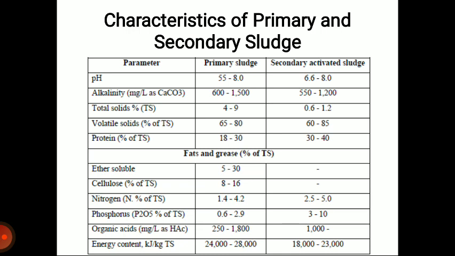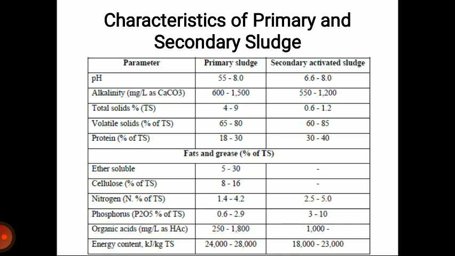Total solids percentage in TS: for primary sludge 4 to 9, in secondary activated sludge 0.6 to 1.2. Volatile solids percentage of TS: primary sludge is 65 to 80, secondary activated sludge is 60 to 85.